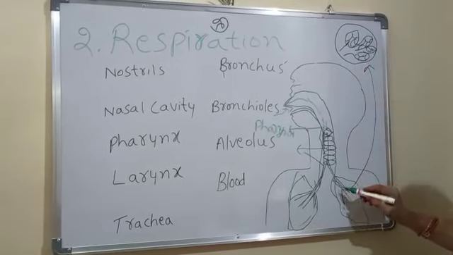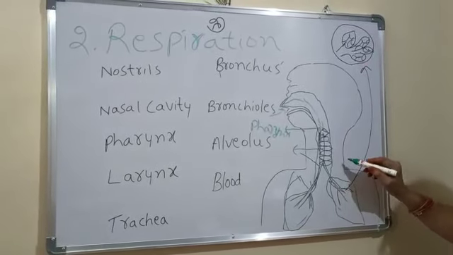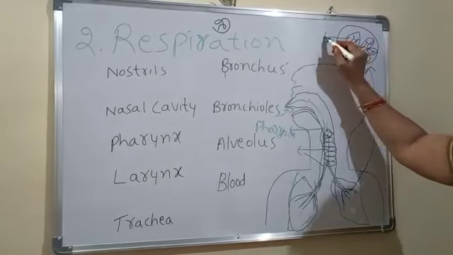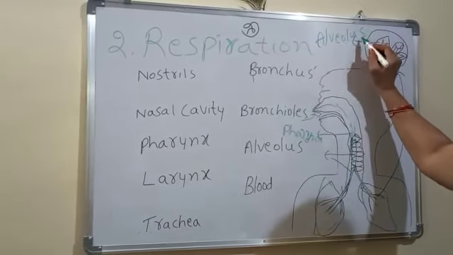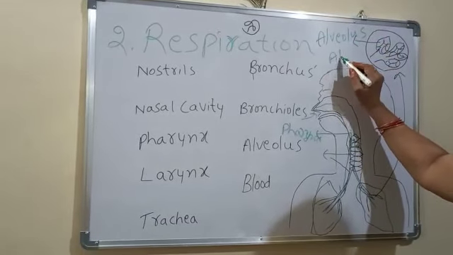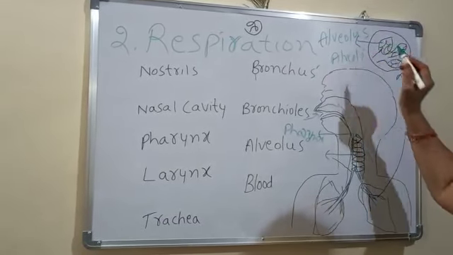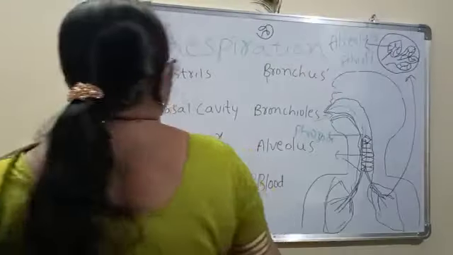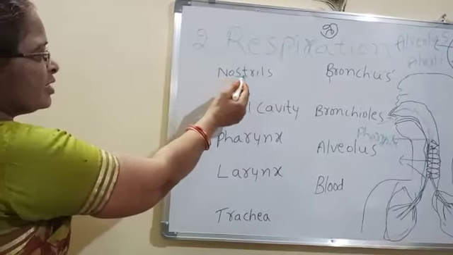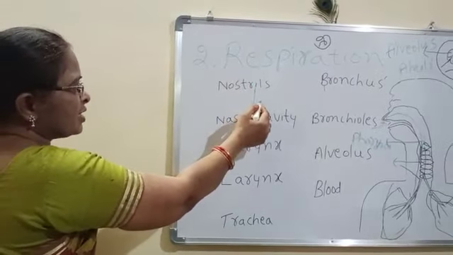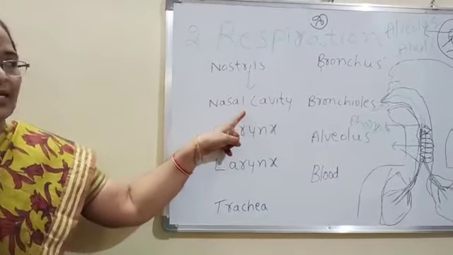The smallest units of the lungs are the alveoli. Alveolus is the singular and alveoli is the plural. At first, the oxygen which is taken will enter into the nostrils, and through the nostrils it will go into the nasal cavity.